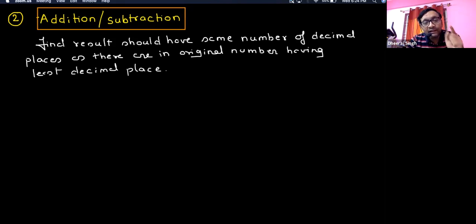So in multiplication and division, we have to take least significant figures. In case of addition and subtraction, we need to take least decimal places.